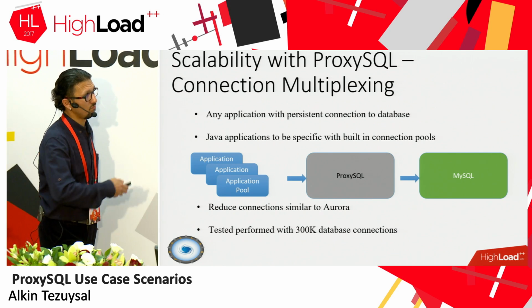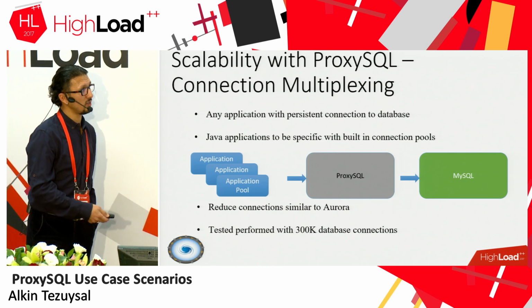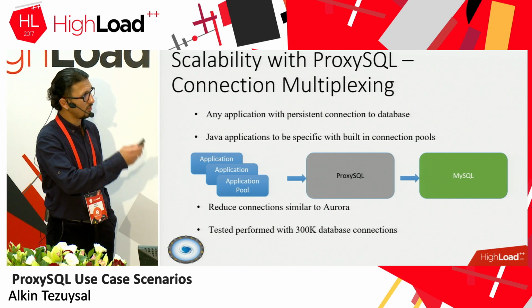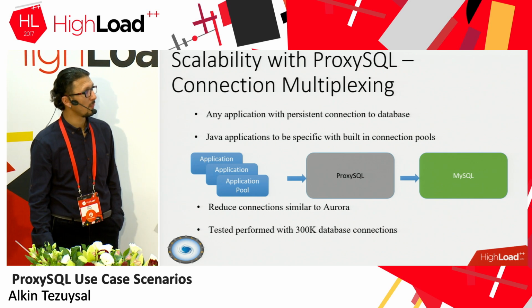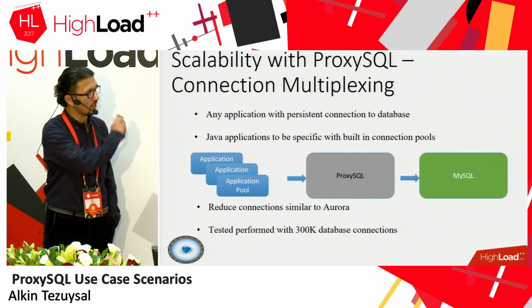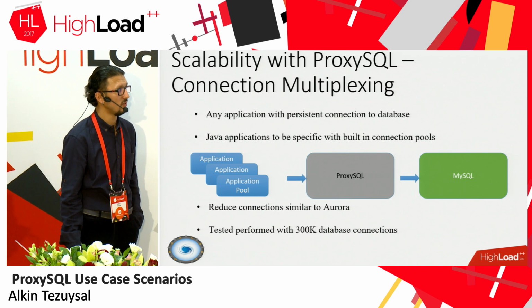This illustration is a little bit weak, but normally there's a cluster behind it, and if you don't have that in between, there's not much you can do. Everything will go straight to MySQL.